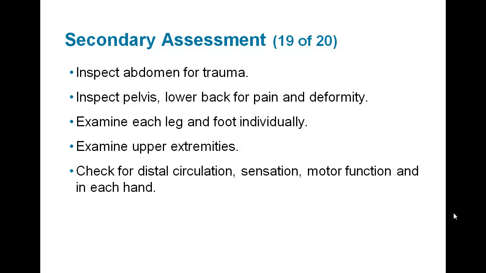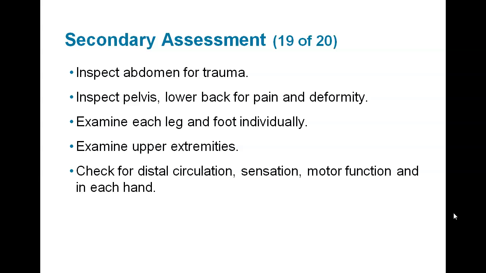Then for the upper extremities, you are really doing the same thing. You are assessing pain and deformity, and then comparing length, shape, and deformity as well. And then you're also going to check circulation, sensation, and motor function in each of the hands.